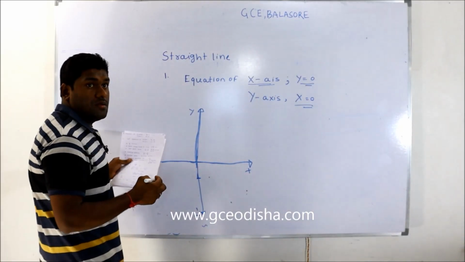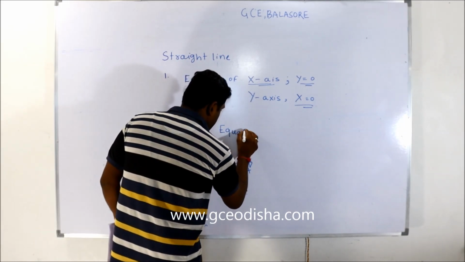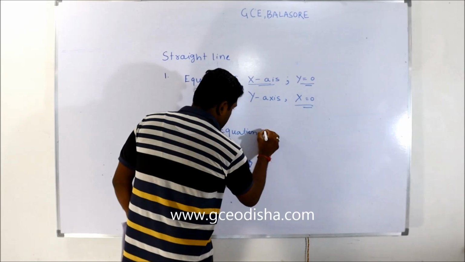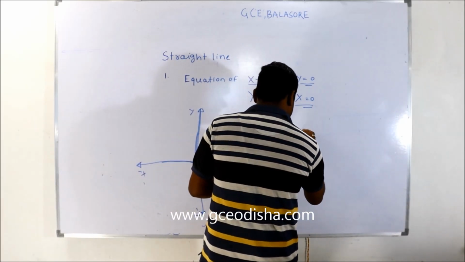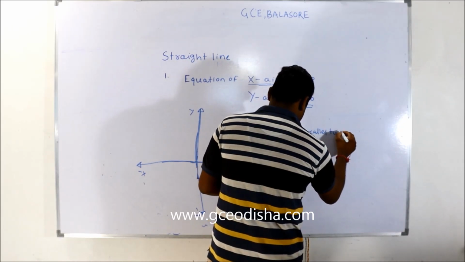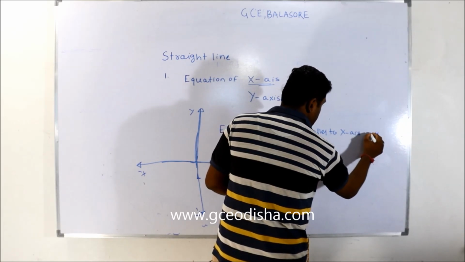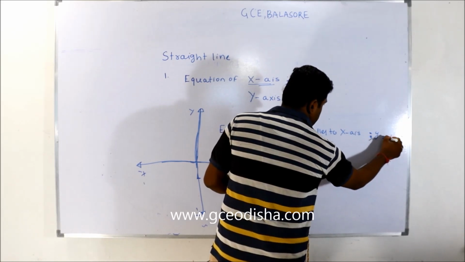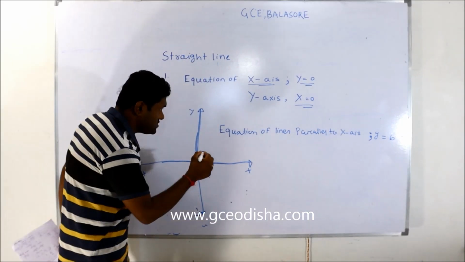Then equation of line parallel to x axis is y is equal to b. Okay, what is b?